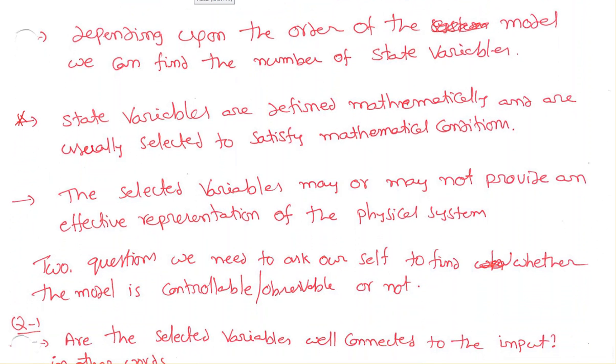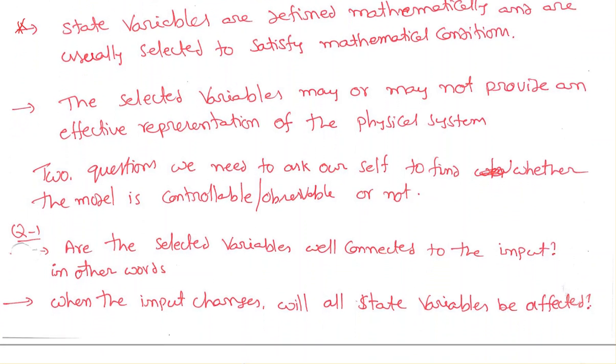The next point, the selected variables may or may not provide an effective representation of the physical system. Similar to what I discussed, some variables may not represent exactly what you need.